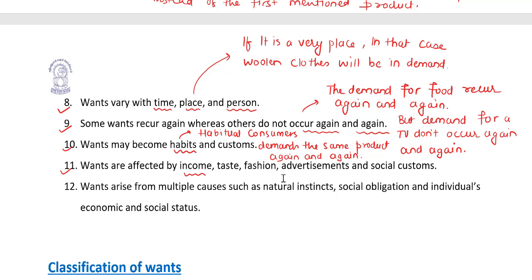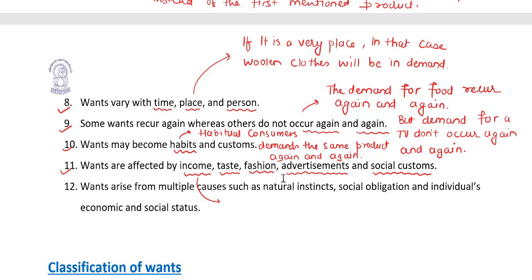It is also affected by the income level of the consumer, the taste and preferences of the consumer, what kind of fashion is going on in the society or economy, what kind of advertisements are floating in the market, and the social customs and values in the society.